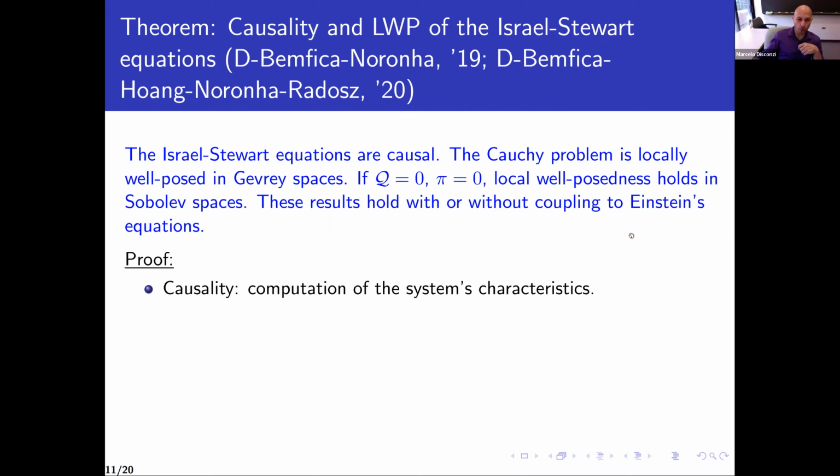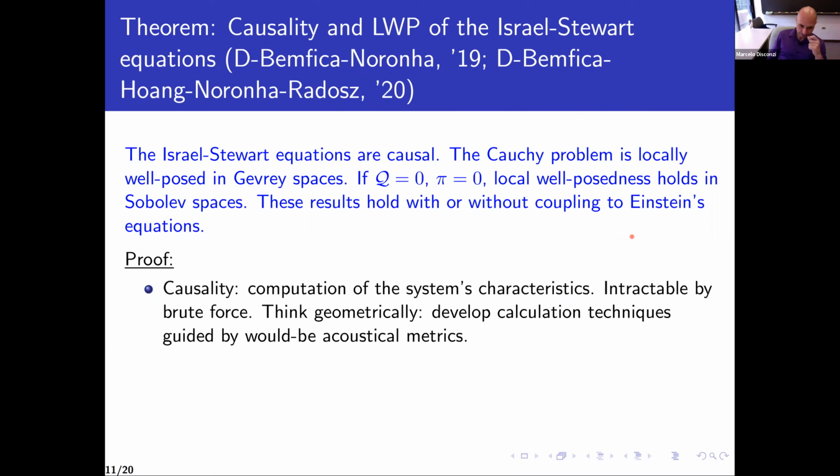Let me just make a few comments on the proof. Let me start with causality. Some people might be thinking, so what is the big deal with causality? All you have to really do is compute the characteristics of the system, right? Causality basically boils down to finding the characteristics of your equations. But remember, these equations are very complicated. So if you just try to compute the characteristics by brute force, probably you're going to go nowhere. At least we got nowhere with that, right?